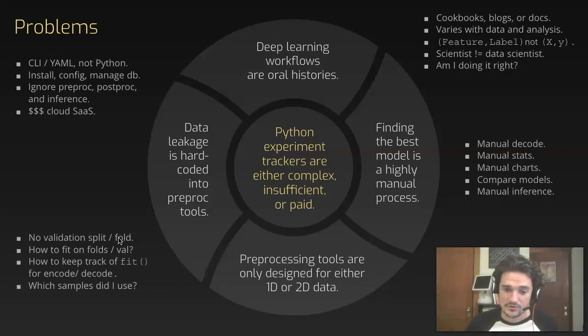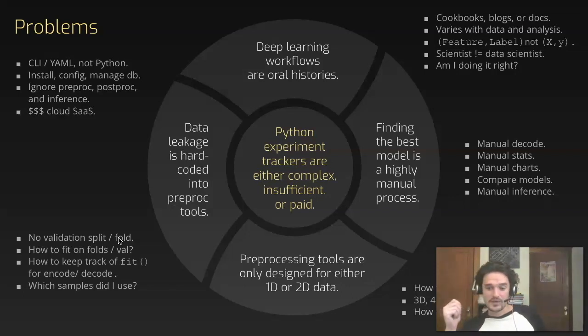And then pre-processing tools. This is extremely painful. They're really designed for 2D data, sometimes 1D data, which is even more painful than 3D data. So how do I encode, even in 2D data, how do I encode different columns and dtypes uniquely, right? So you need to slice out each query that fits and then encode them and then concatenate them all back together in the end.